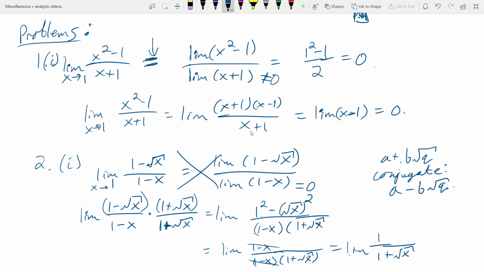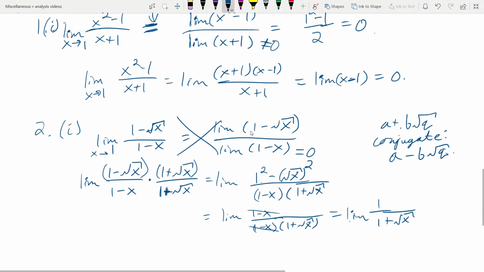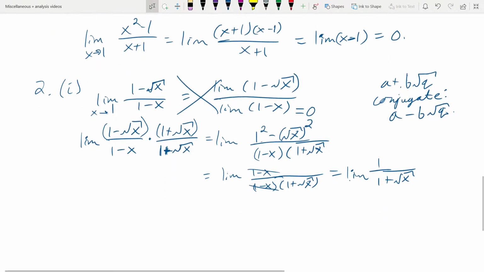So what does this do? Now we actually can take the limit of the top and the bottom. Notice we haven't actually changed our expression. We've made it look a little different, but it takes on exactly the same values for all x not equal to 1, and so it must have the same limit, since as far as the limit is concerned, we only care about the x values nearby 1, not necessarily equal to 1.